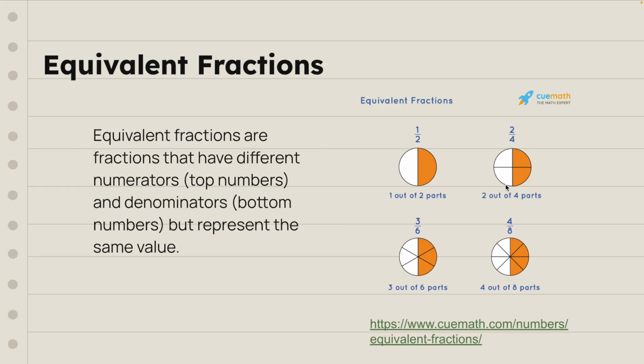Here I have 2/4, 3/6, and 4/8. But if you look at the amount of orange, it's the same in each of these pictures. That means that these fractions are equivalent because even though their top and bottom numbers are different, they represent the same total amount of the circle.